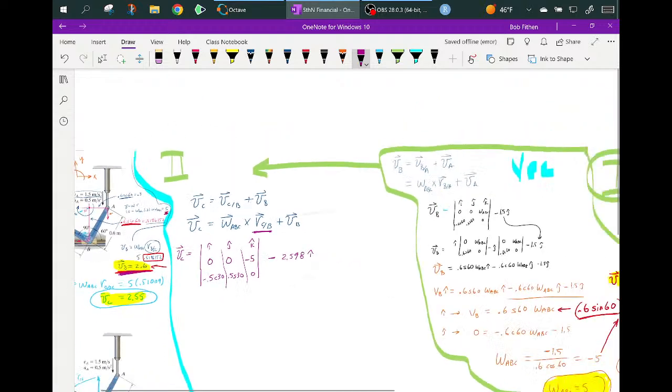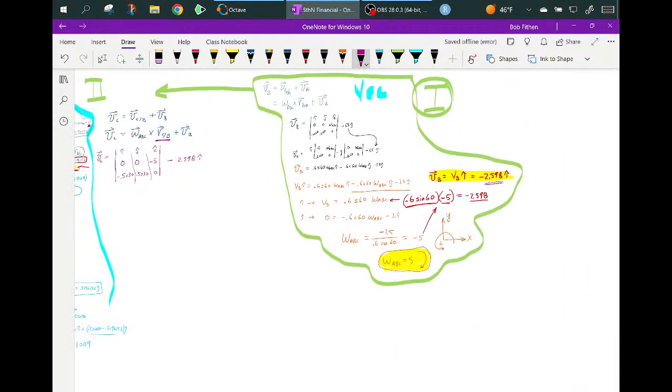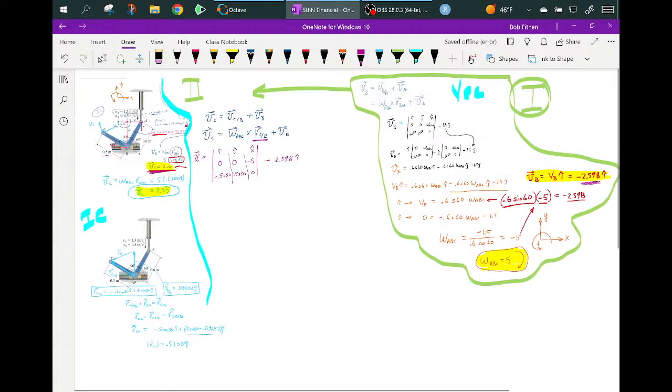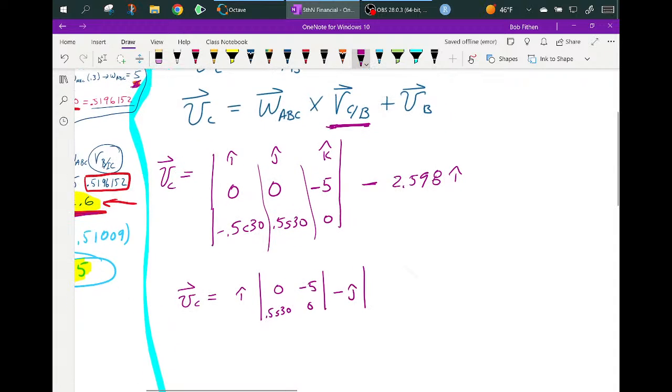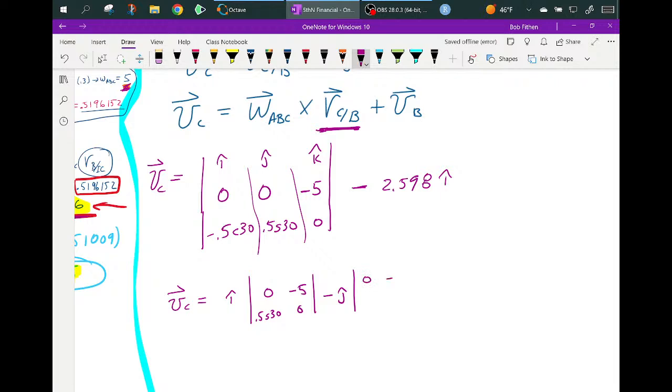Now, here's where we're getting that from. So the velocity of C will end up being I, cofactor expansion, 0 minus 5 0.5 sine of 30 0 minus J and 30, and we'll move this over.